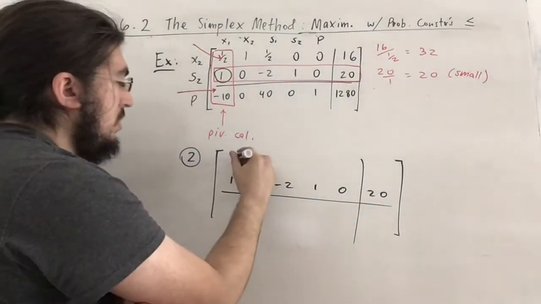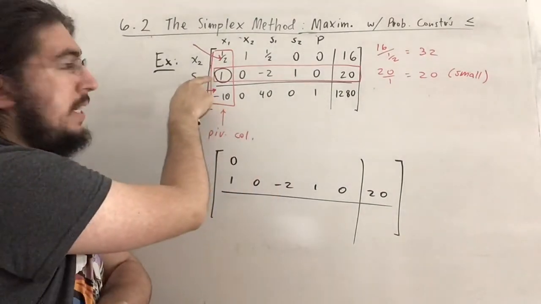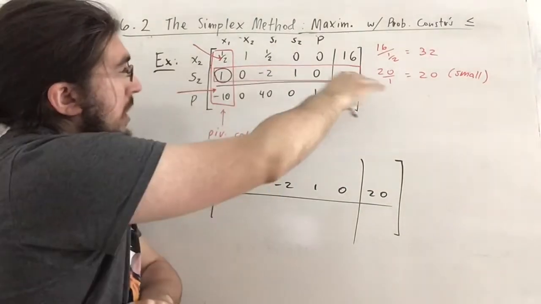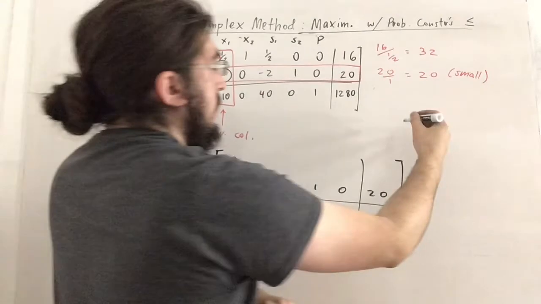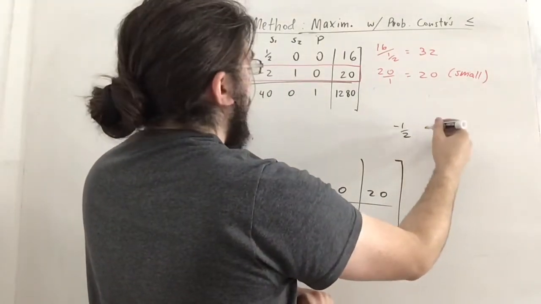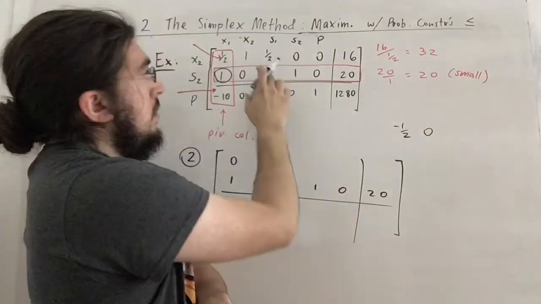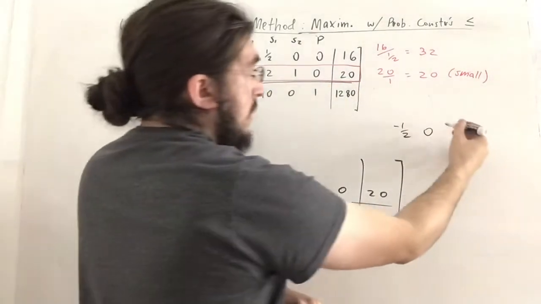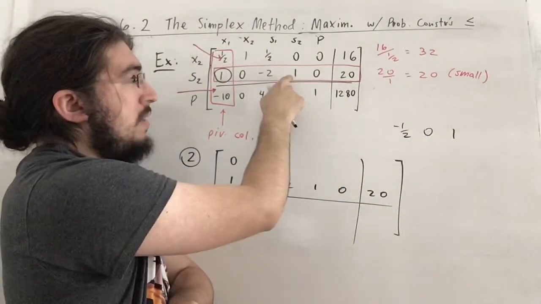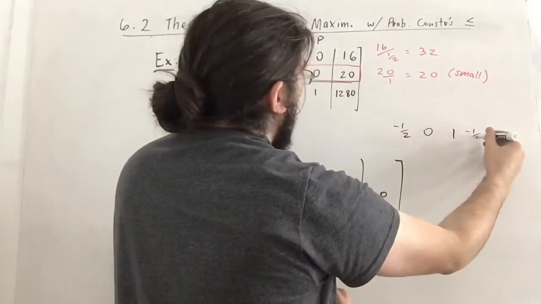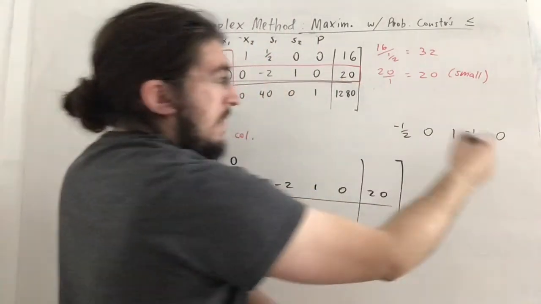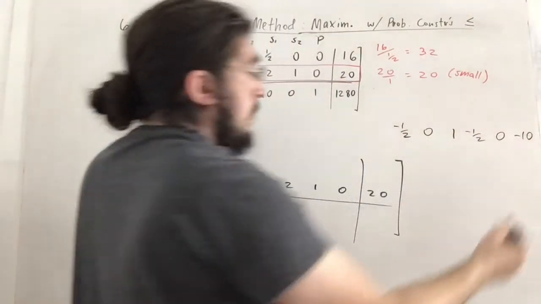So to make this a 0, I would have to multiply this by -1/2. So if I multiply everything in this row by -1/2, we get -1/2, 0, -1/2 times -2 is +1, -1/2 times 1 is -1/2, 0, and -1/2 times 20 is -10. Perfect.